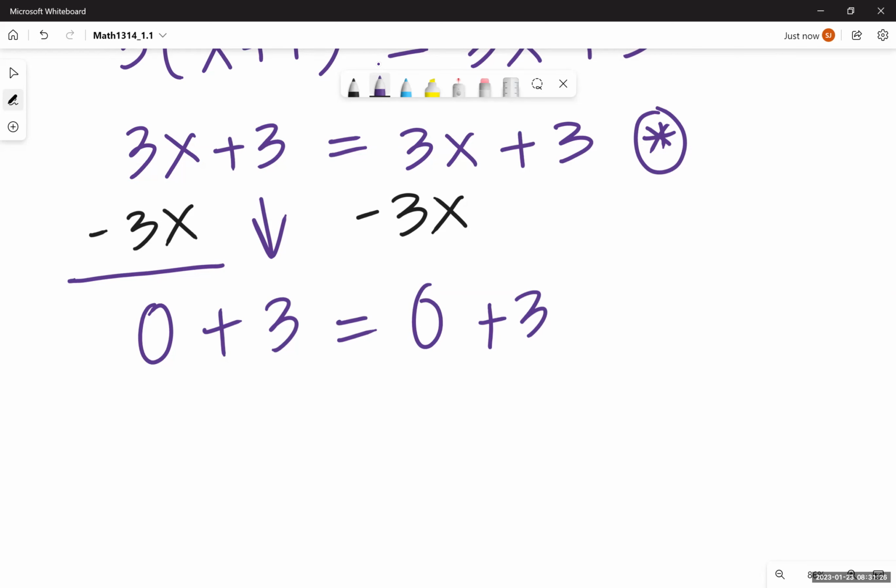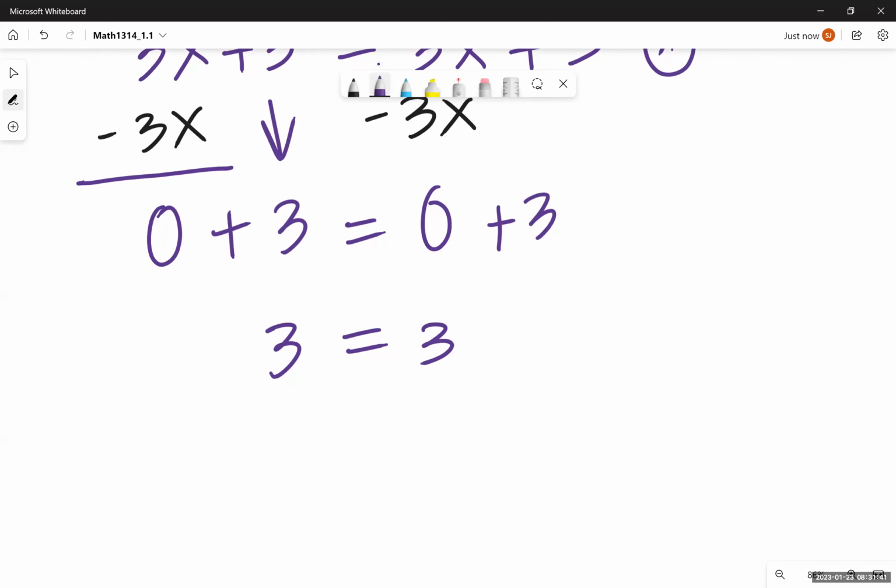And then, y'all, we don't even really have to do anything else right here. 0 plus 3 is, yeah, and then hold on, if I want to keep solving this, what I would do next is subtract 3 from both sides. But what am I going to end up getting if I subtract 3 from both sides? 3 minus 3 is equal.